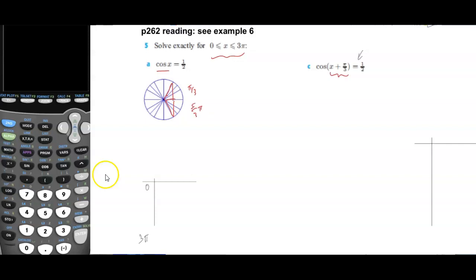Let's put those into our table. So we have x and we have cosine of x. If we write down our two solutions here, pi over 3 and 5 pi over 3 are two solutions which lead to a cosine value of 1/2, right?